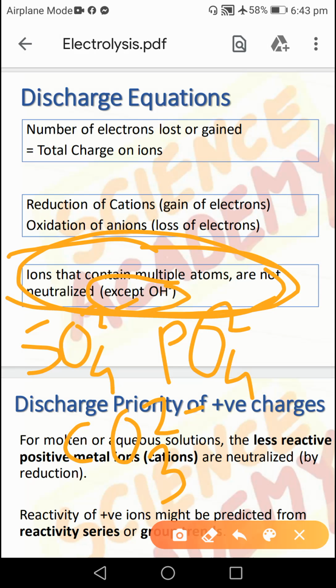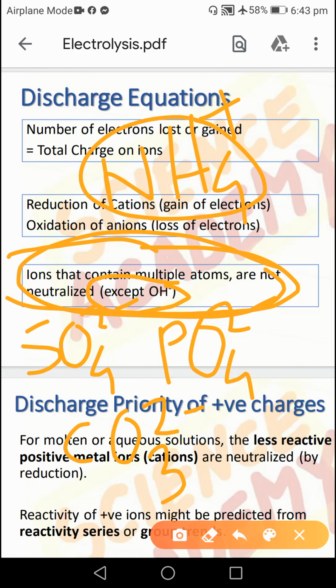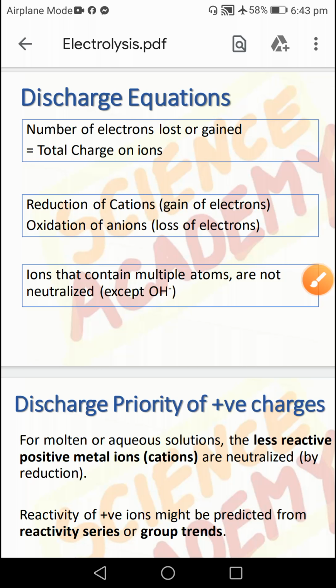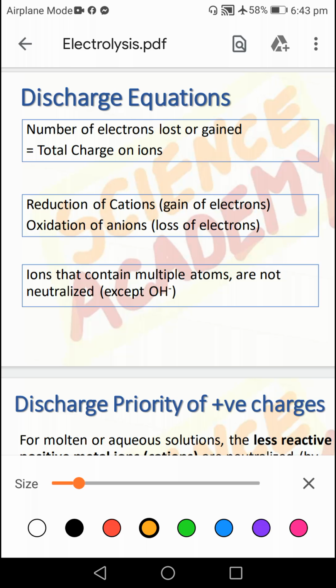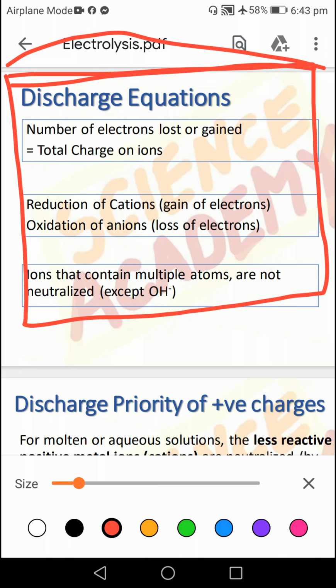Another example is ammonium, which is not neutralized because it contains multiple atoms. You can see that this slide is very important. I would ask you to revise and memorize the whole slide.